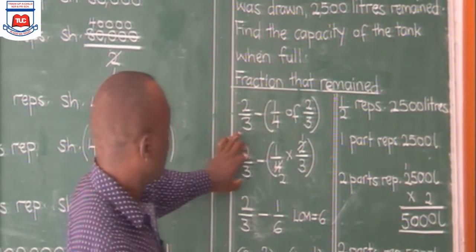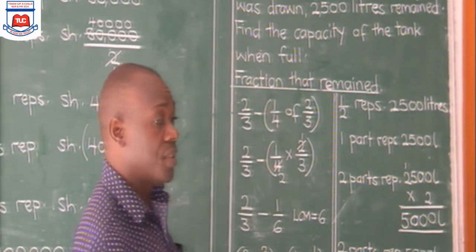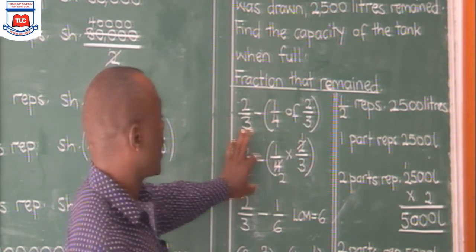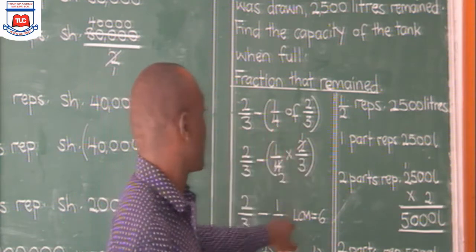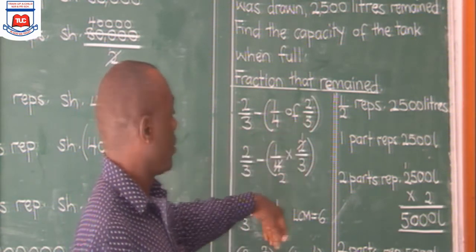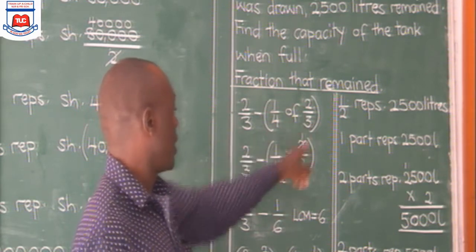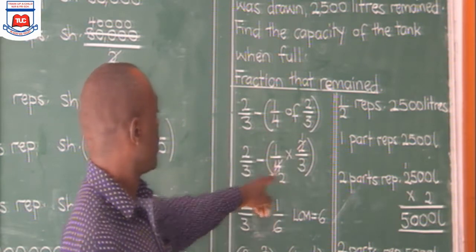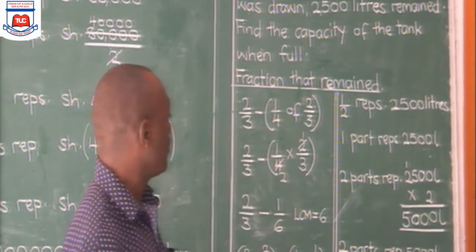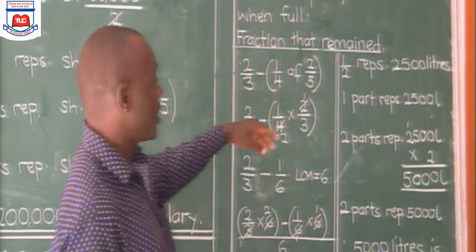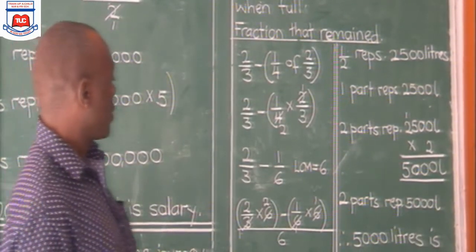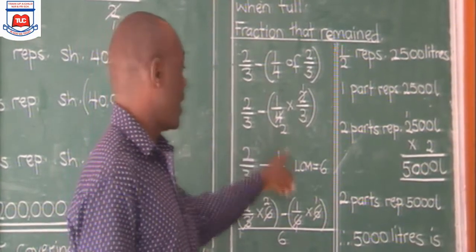Then you go down. Remember I said of is represented by a multiplication operation. You say 2/3 minus a quarter times 2/3. Now, if it's reducible, please, you reduce. You say by 2 once, by 2 once. So you say 2/3 minus a sixth. Where does a sixth come from? From 1 times 1 as numerators and 2 times 3 as denominators. So get 2/3 minus a sixth.